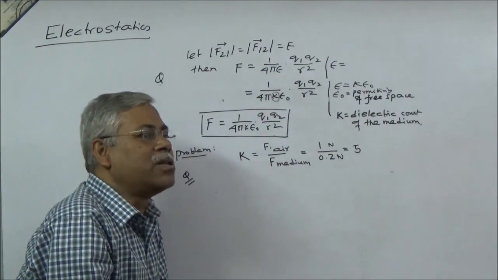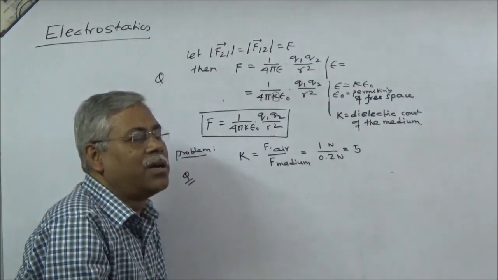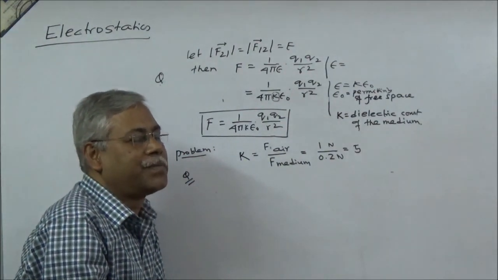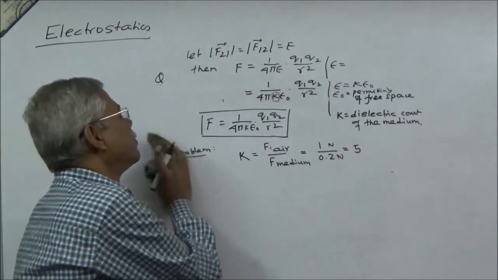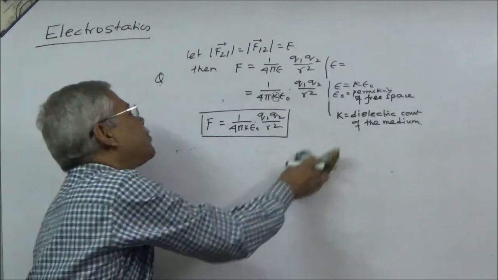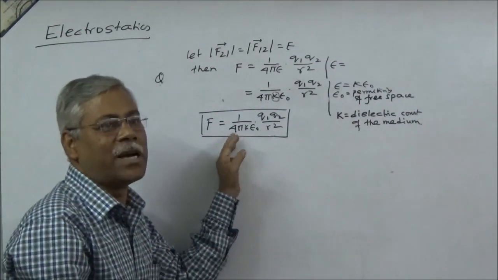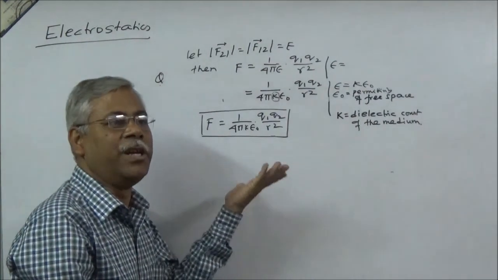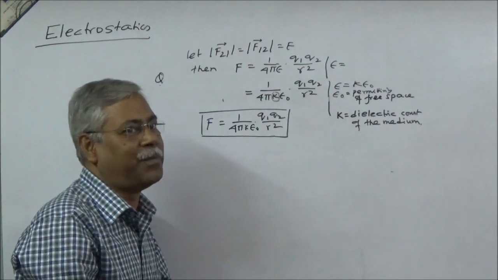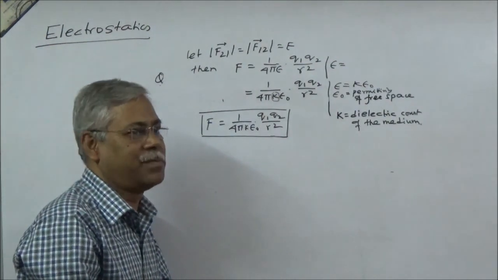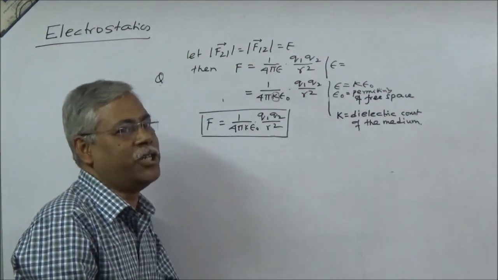Is the dielectric constant of water very high or very low? All of you have seen that dielectric constant is actually a ratio, force in air by force in medium. So obviously dielectric constant is a number, it does not have a unit. Okay, dielectric constant of water is very high, it is 80.